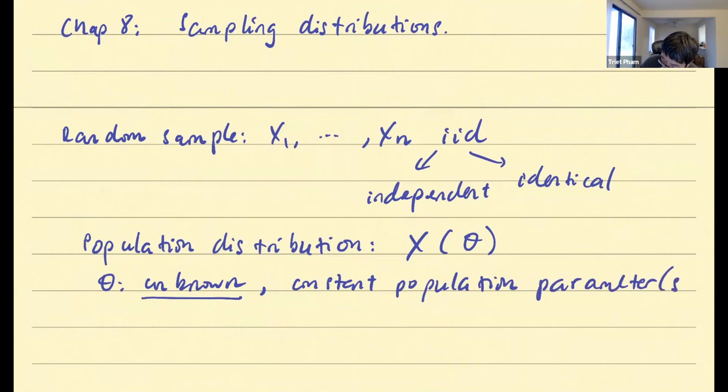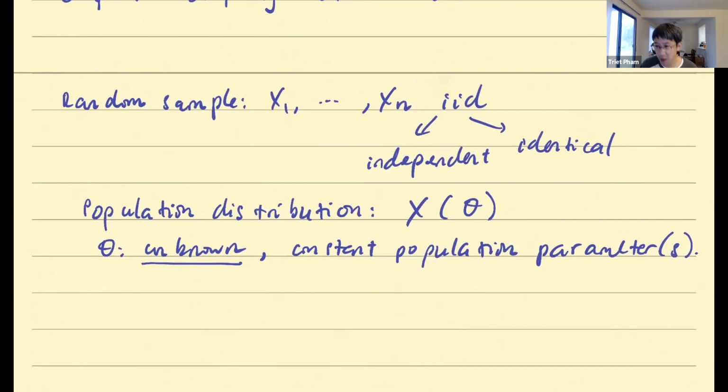And let me put an S here, because there could be more than one parameter that the distribution depends on. I'm just putting it in this abstract context, but we have seen this.